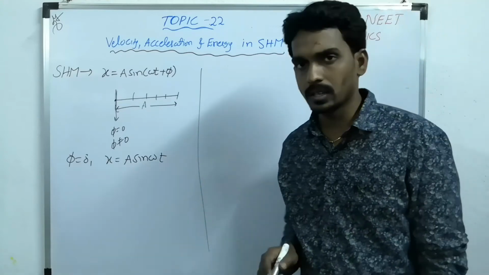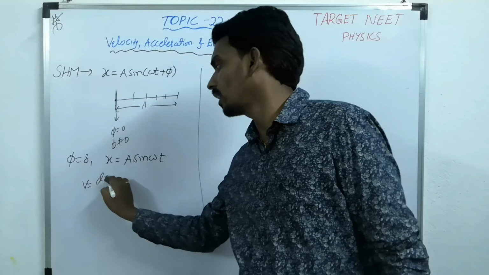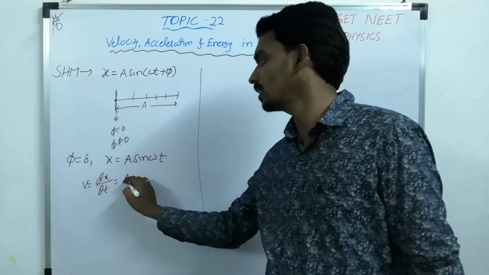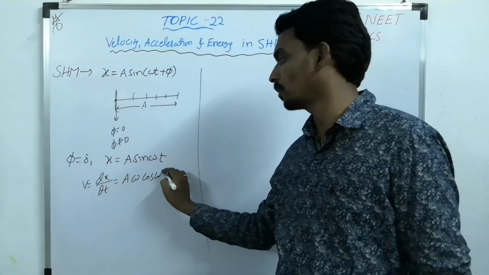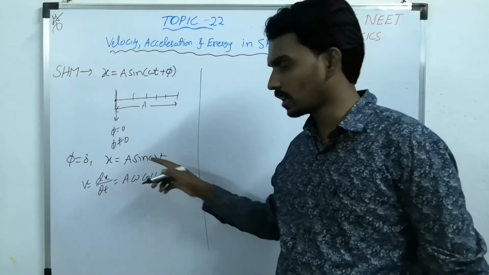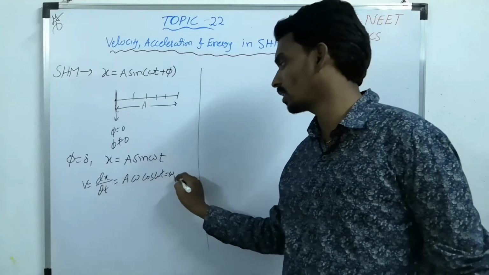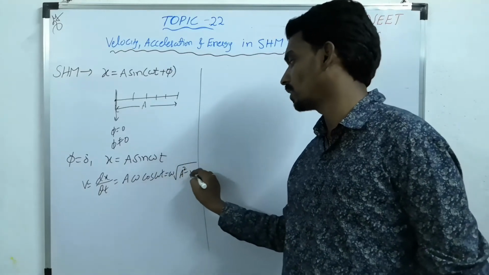Now based on this equation, if you differentiate, you will get velocity, dx by dt, that is A omega cos omega t, or cos omega t you can write as under root 1 minus sin square omega t. So the same thing you can express in terms of displacement.